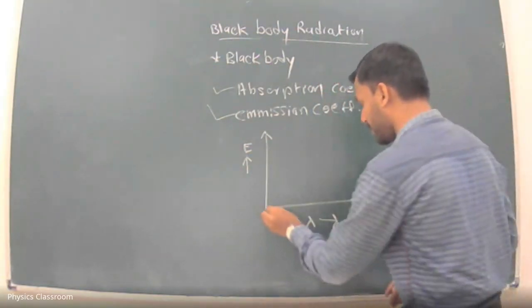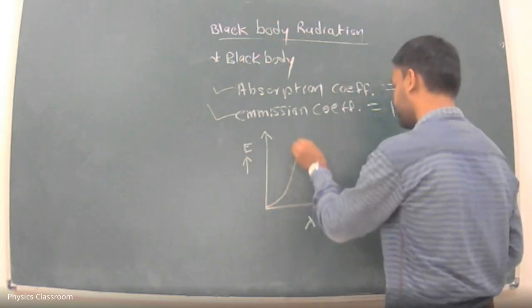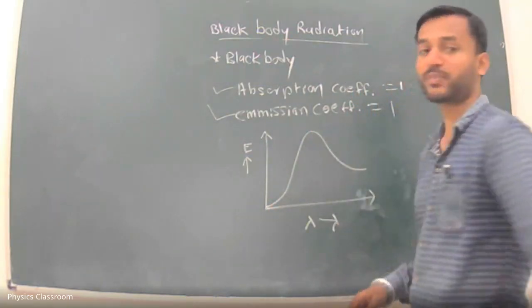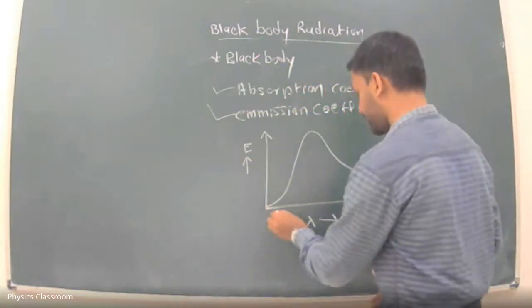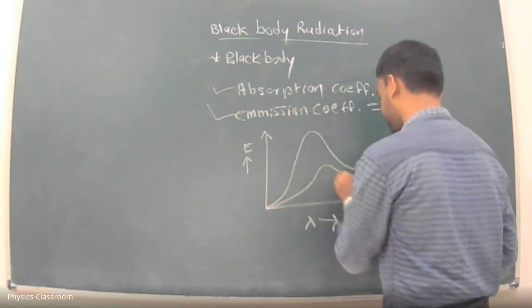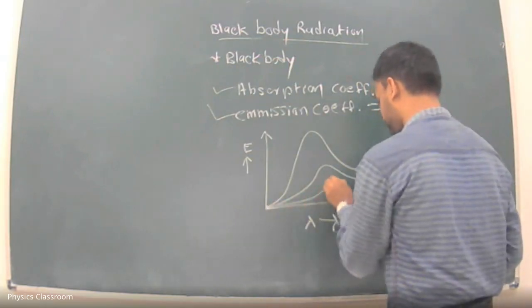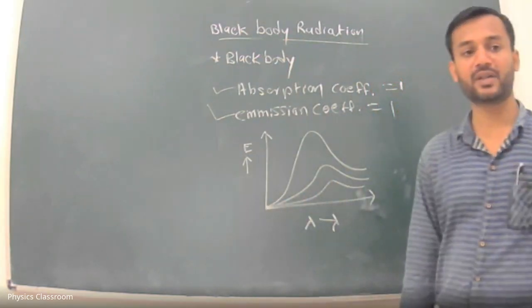So in this black body, what happens? This plot clearly shows what type of radiation is falling on it, and what its effect on the black body is.